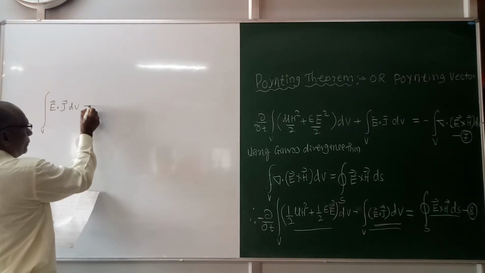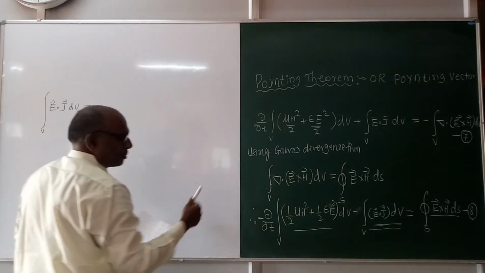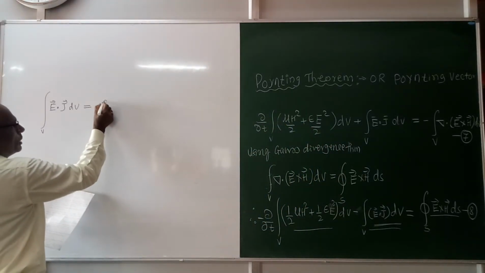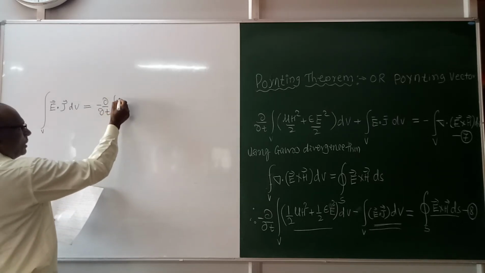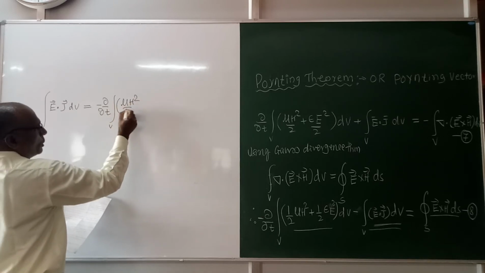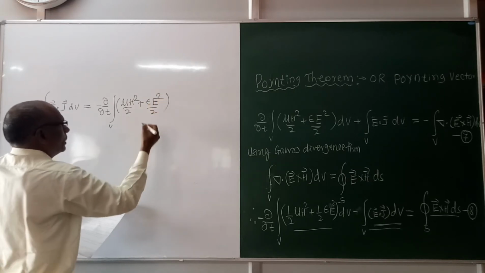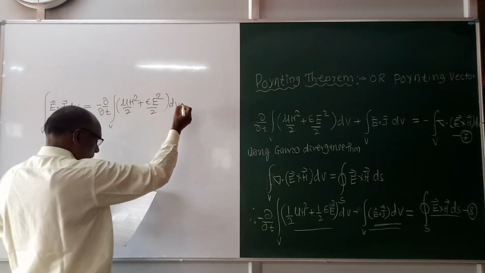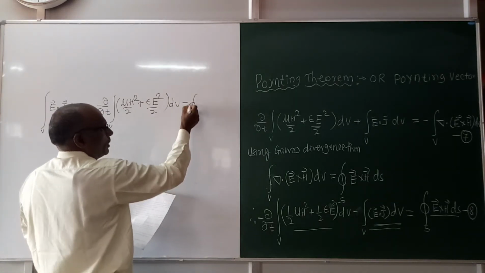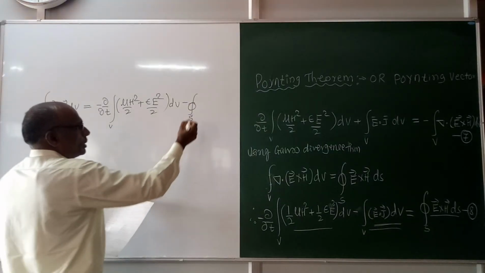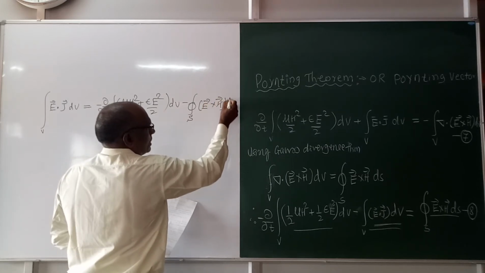That is equal to, I will take it as plus only, minus dou by dou t of the volume integral of mu H square upon 2 plus epsilon E square upon 2 dV, minus the closed surface integral of E cross H dS.